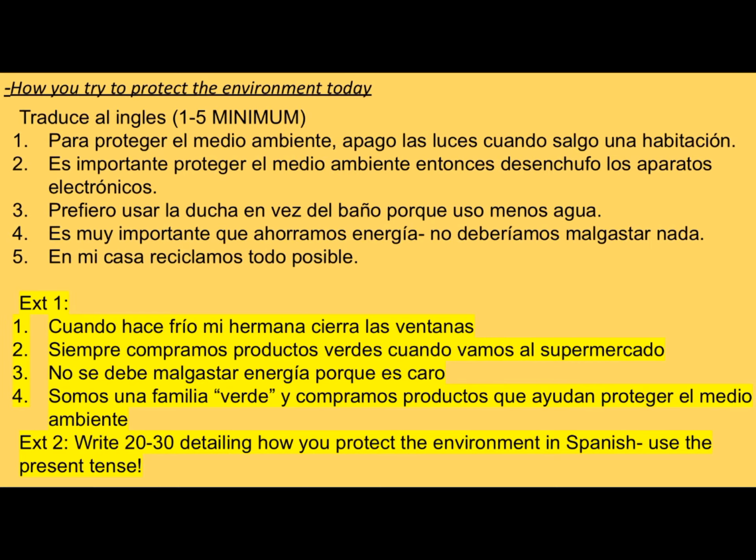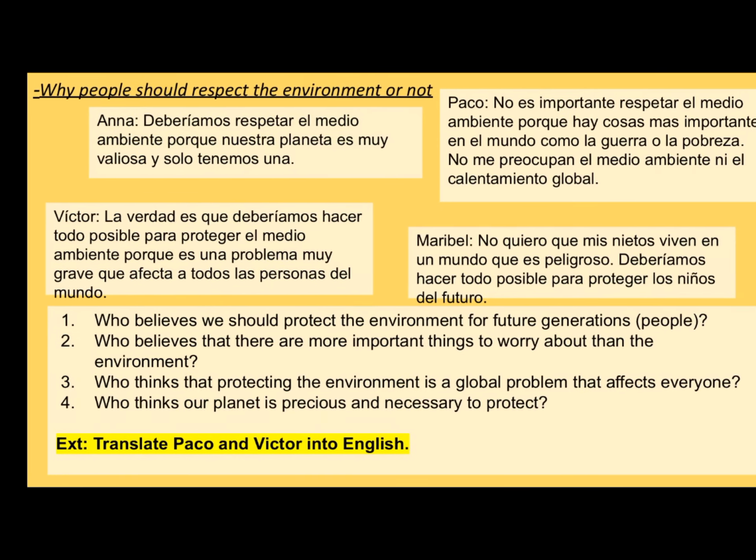Number 3, you must not waste energy because it's expensive. Number 4, we're a green family and we buy products that help protect the environment. And then if you've done the second one, I'd love to see some photos or get those sent in to us, myself and Miss Smith. So there's 20 to 30 words detailing how you protect the environment using the present tense.